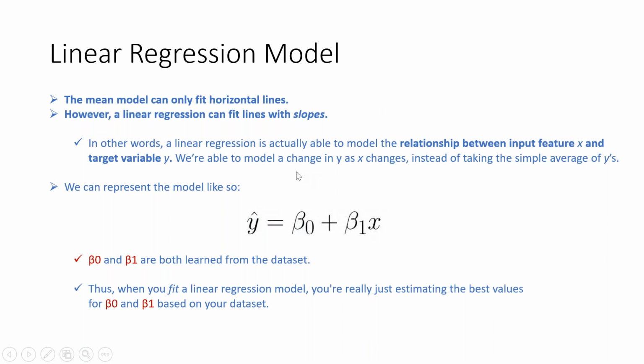A linear regression is able to model the relationship between input feature X and target variable Y. We are able to model a change in Y as X changes, instead of taking the simple average of Y's.